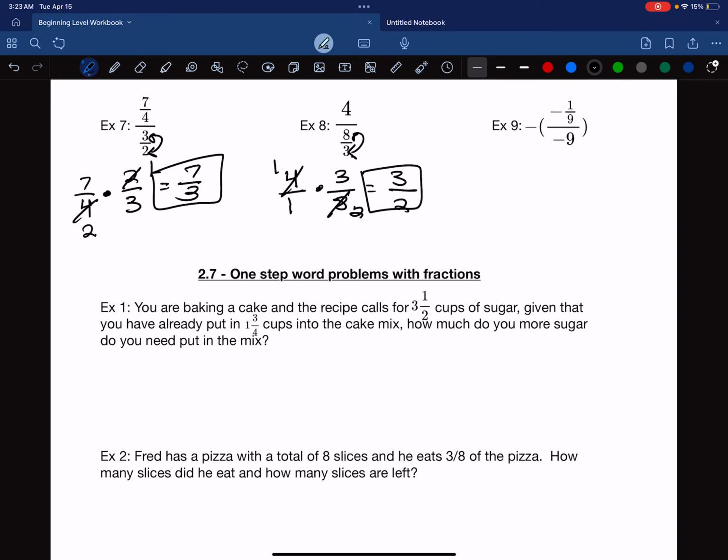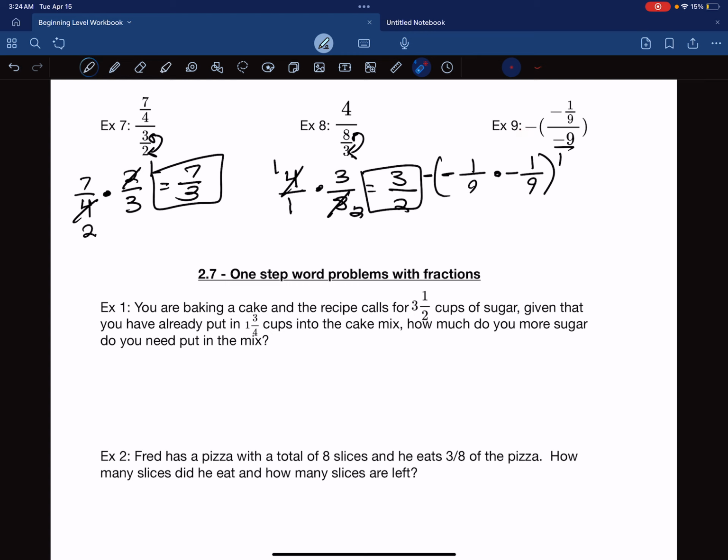Looking at example 9, we have -1/9 divided, so we're going to change that to multiplication. And then we have a -9, which is -9 over 1, so when we flip that, that's going to get us -1 over 9. Then we multiply all this by the negative that is out here.